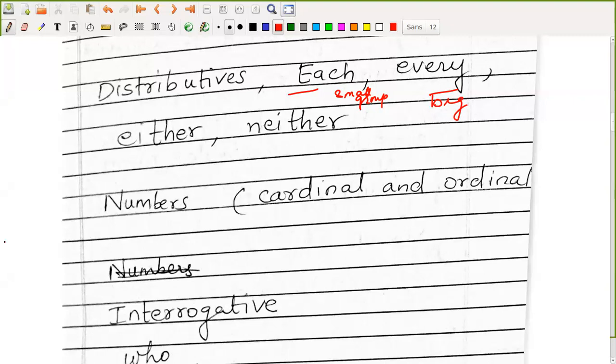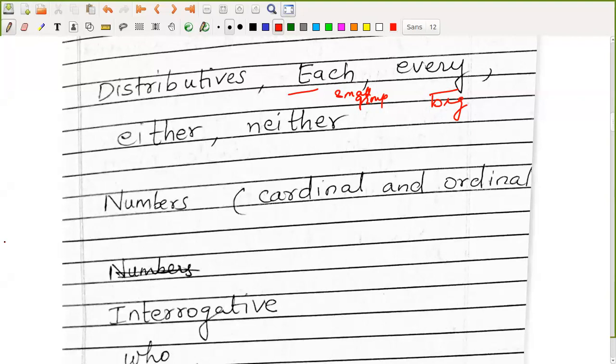Either means one of the two. Either he or his brother must have done this. Neither means none of the two: he is neither in the house nor in the garden.